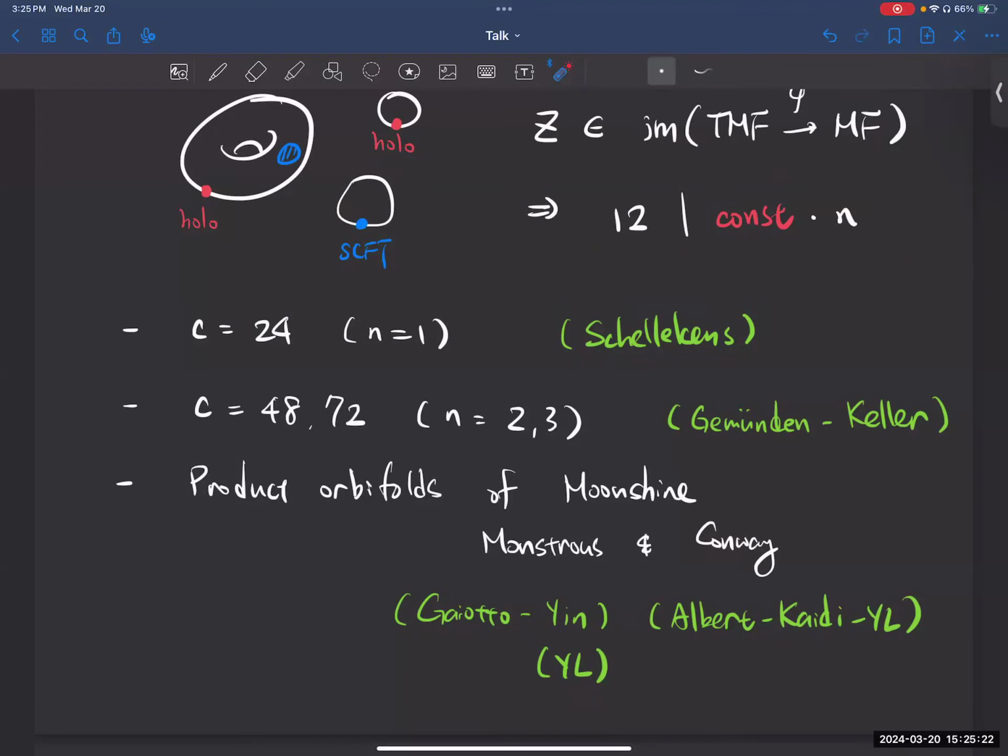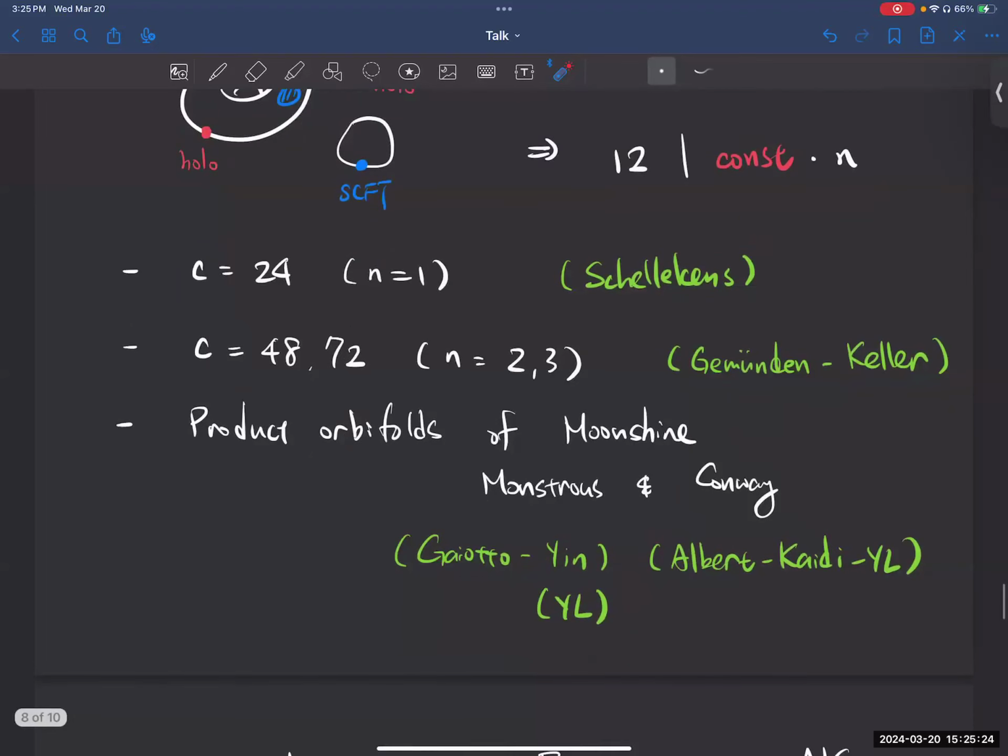Then you can go further. We also tried to generate our own examples, and there's a large class one can generate by taking products of moonshine theories, like either monstrous moonshine or Duncan's super moonshine. The reason I want to use moonshine is that there's a very large discrete global symmetry group that I can further orbifold by to produce a large family of theories.